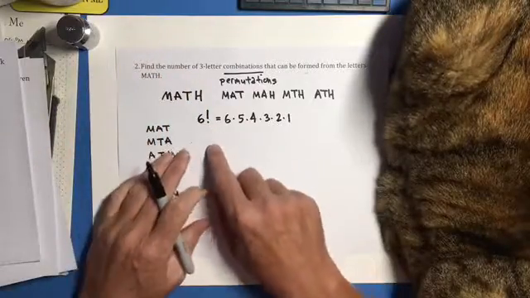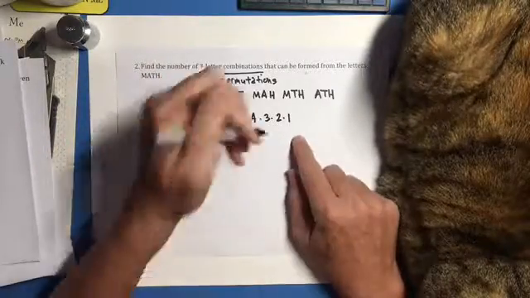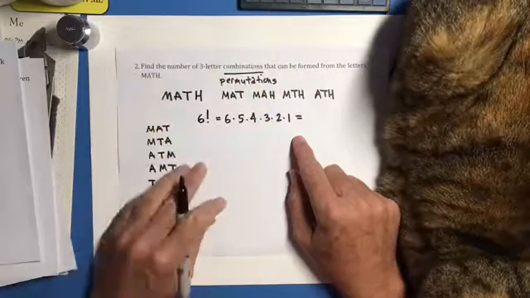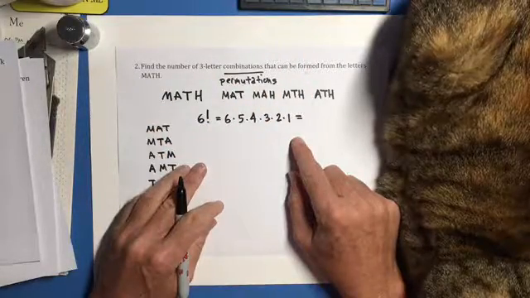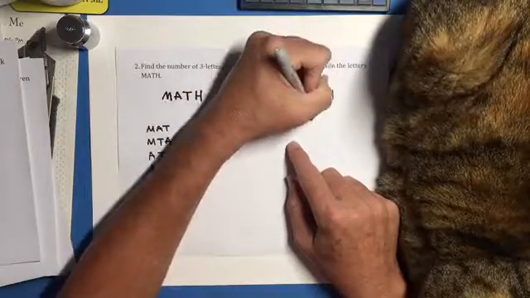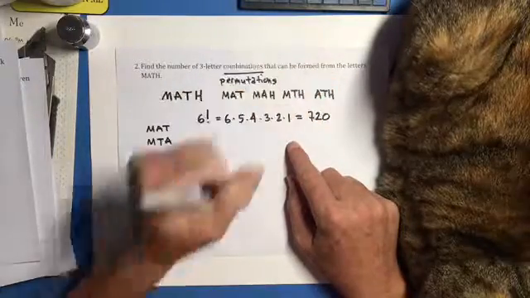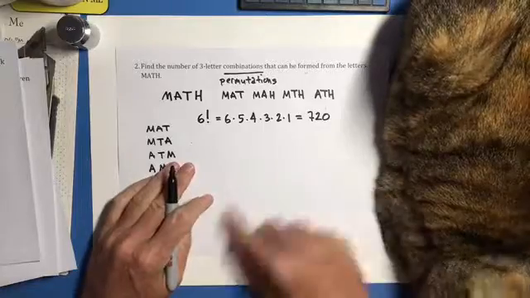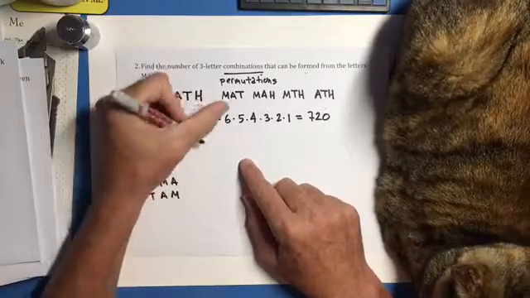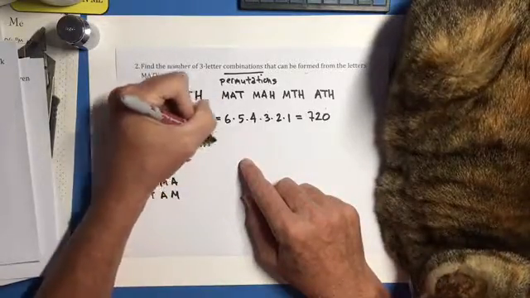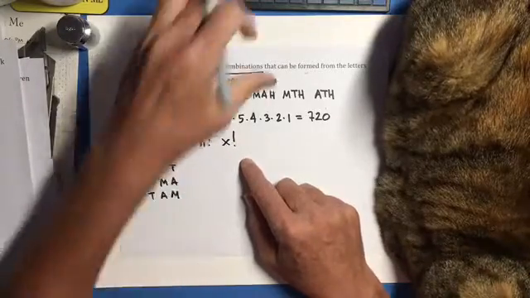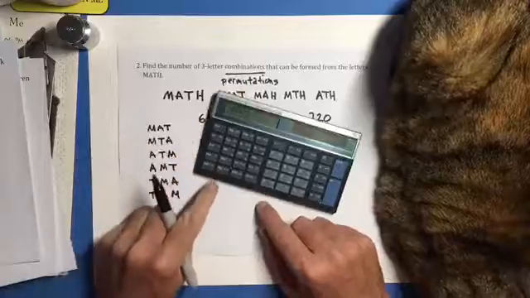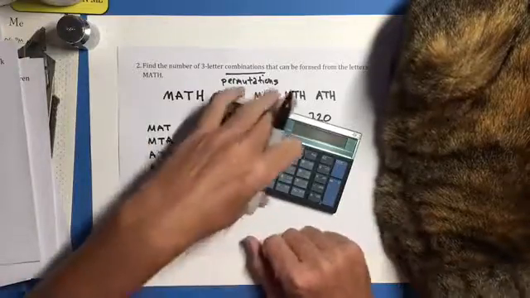So 6 factorial would be 6, 5, 4, 3, 2, and 1. And what would that be? That would be 720. On your calculator, this is normally written as n factorial or x factorial. If you have a scientific calculator, you almost certainly have a button. There's mine right there, x factorial.